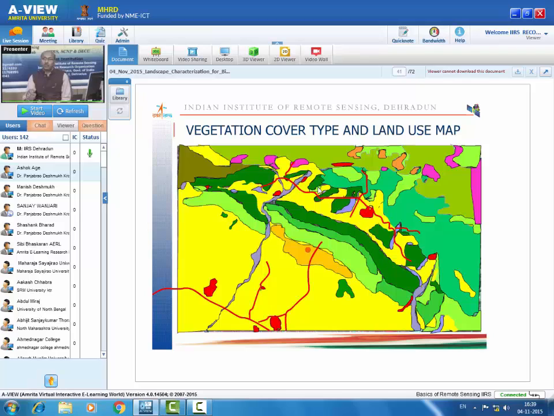Now let's say this is the unique landscape. You can see dark green color is all sal, then moist deciduous and dry deciduous and pine forest and temperate forests and settlements, all these things. So let us try to use some method for analyzing this landscape. We will use some parameters, and to do that, we will overlay a grid.